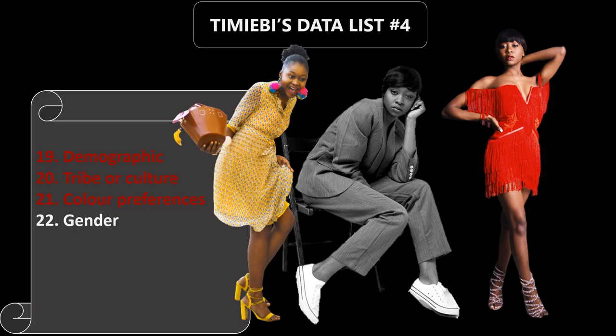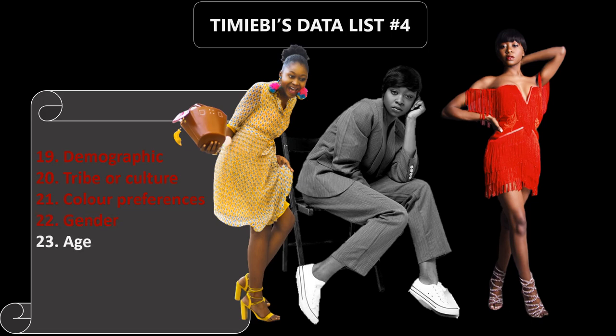22. Gender. Remember, gender is part of demographic. I decided to list them separately here so that we don't just group them and you forget about them when you say demography. You're not giving attention to everything that should be listed under demography. So during data visualization, gender can play a significant role and give more insights.